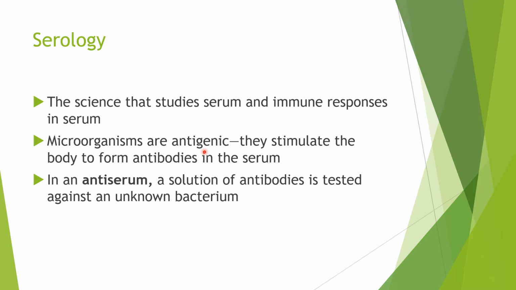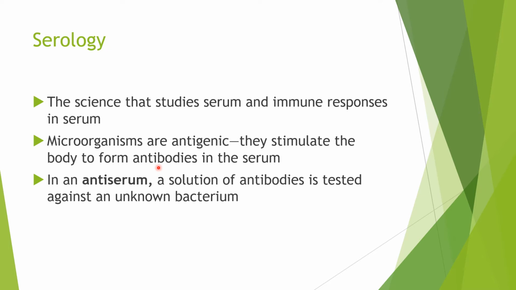And one way it fights it is your body is going to start producing specific antibodies against those antigens. And those antibodies are going to help you basically fight off those microorganisms.